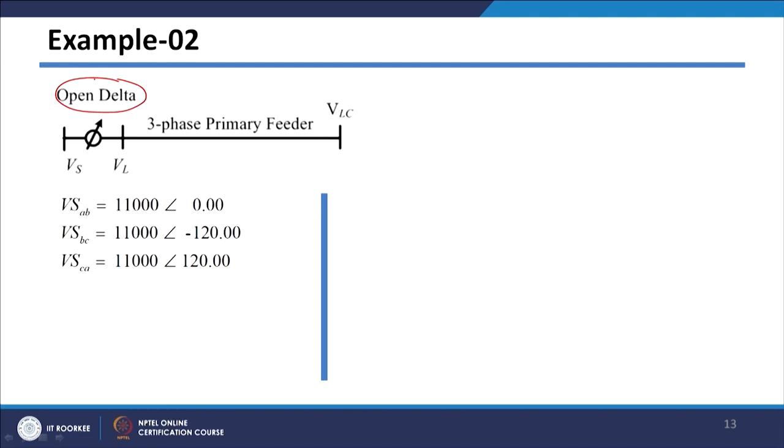The phase to phase voltage, or line to line voltage, VAB is 11 kV, and the voltages are shifted by exactly 120 degrees, because they are source voltages and we need to keep them constant at 11 kV.